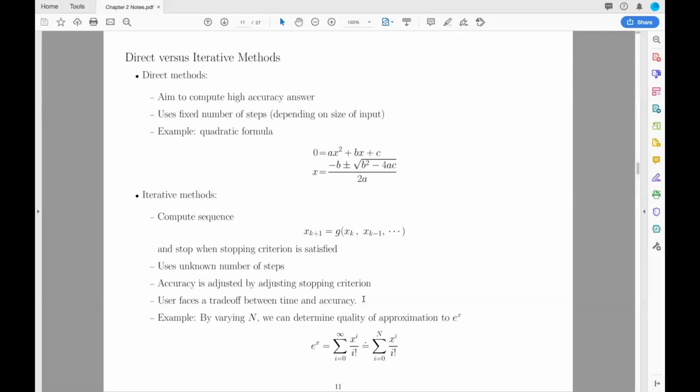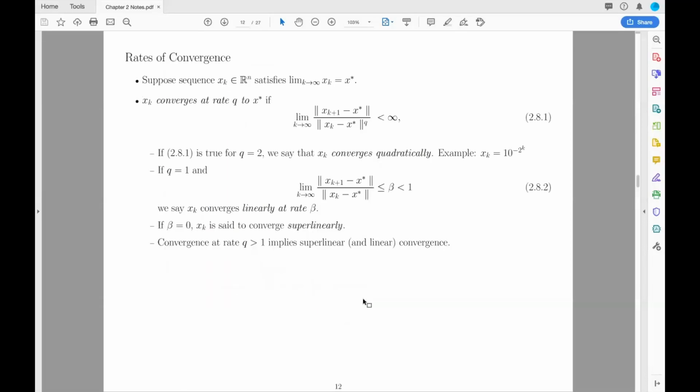But you don't know when to stop. If you have a prescribed target accuracy, a priori you don't know when to stop. How do you deal with that? Well, one way is to get acquainted with basic facts about the convergence of limits.